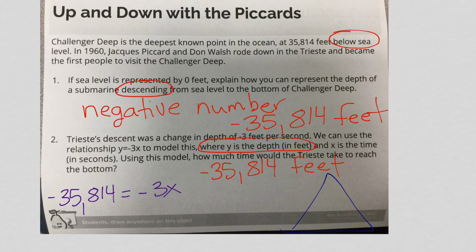If negative 3 times x equals negative 35,814 feet, then negative 35,814 feet divided by negative 3 is going to equal x. So x equals 11,938 seconds.